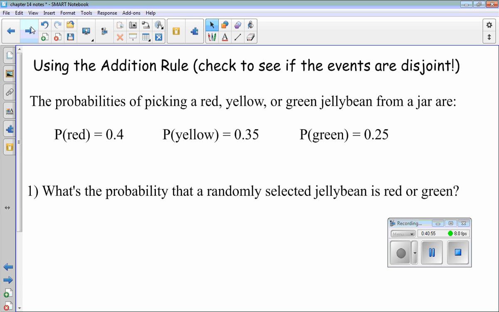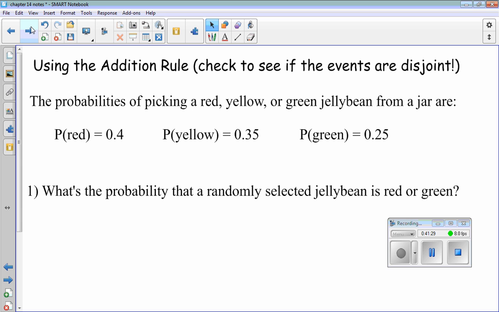If I have red, yellow, and green jelly beans in a jar, and I'm giving you these probabilities, how do I check to see if they are disjoint events? Are they mutually exclusive? Yes or no? Whether or not the probability of each of them is high. If each outcome is affecting something. No. That is the idea of dependence, which is not the same thing as mutually exclusive.